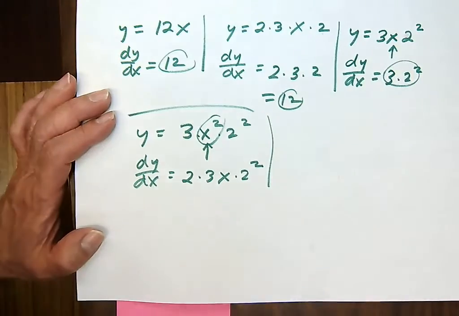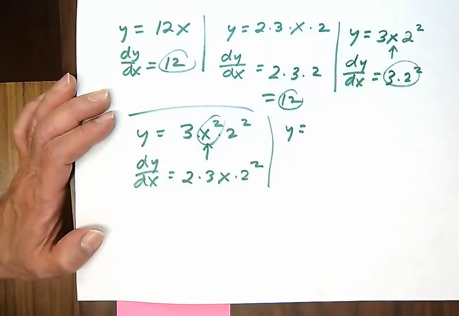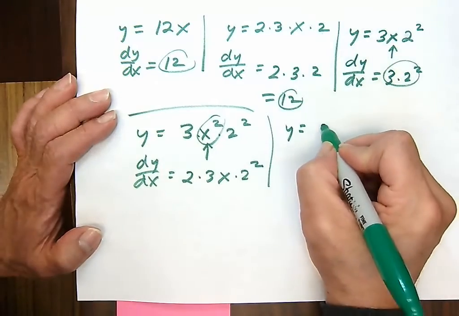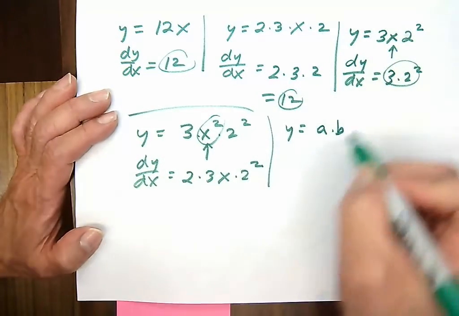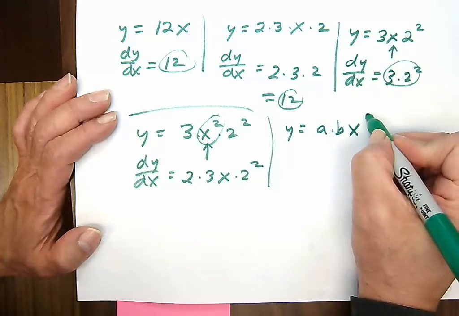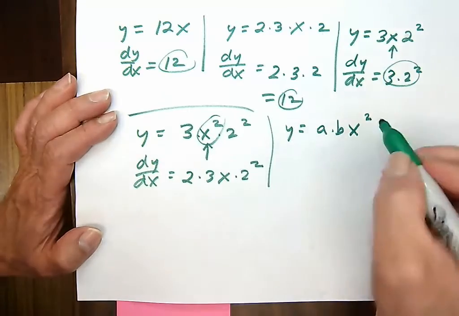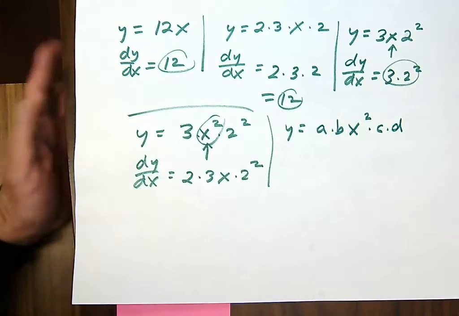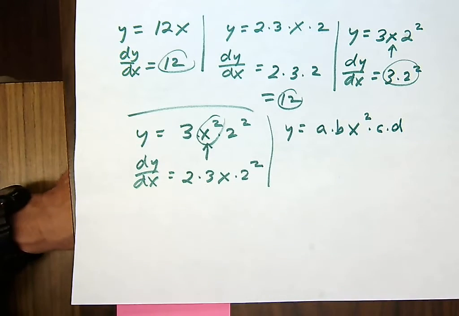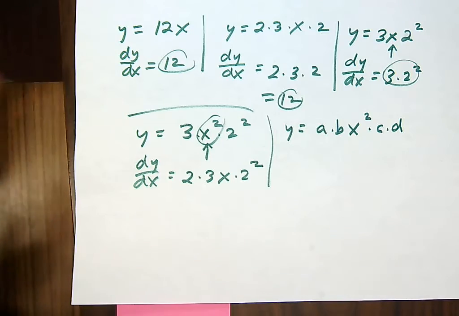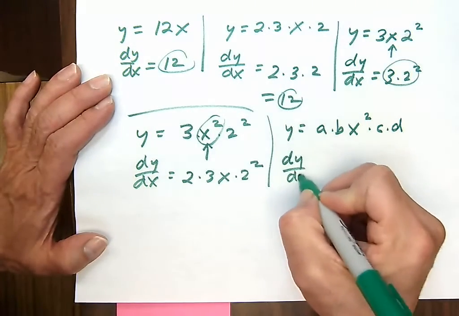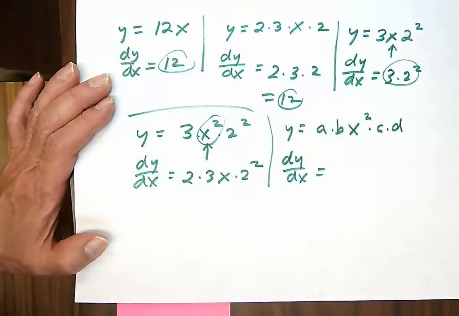Let's just try one more example. Suppose I tell you that y is equal to a times b times x squared times c times d, and a, b, c, and d are parameters. They're constants, they're numbers represented by letters. So how would you find the derivative of y with respect to x? The same way we did before.